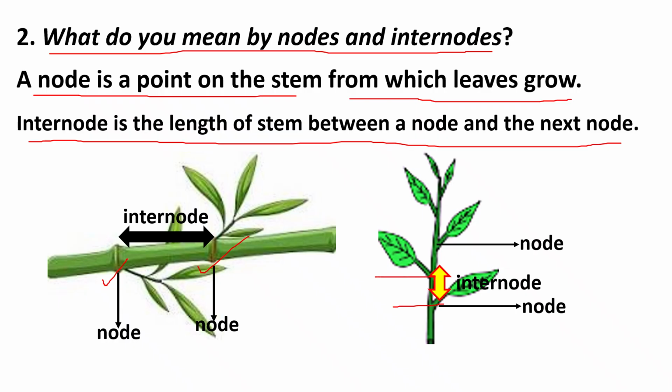This part of the stem between two nodes is internode. So internode is the length of the stem between a node and the next node. And a node is a point on the stem from which leaves grow.